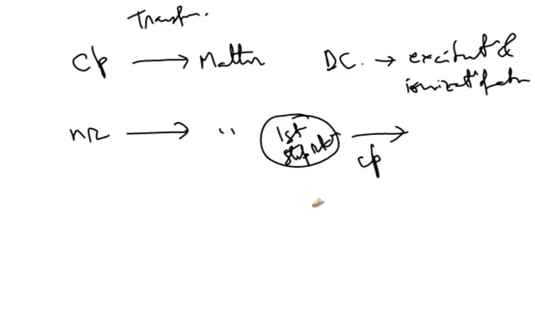And after the charged particles are produced, the same step above repeats. So the first step is charged particle production, and then the charged particle deposits energy by this old process of excitation and ionization of atoms. Okay.